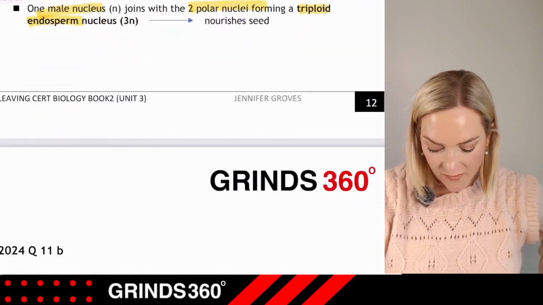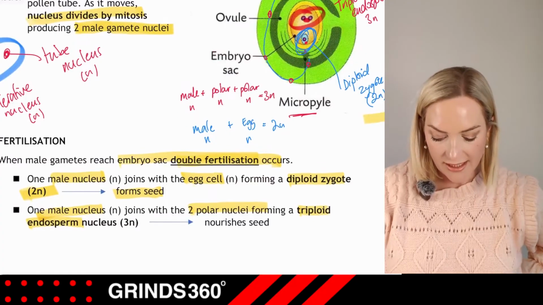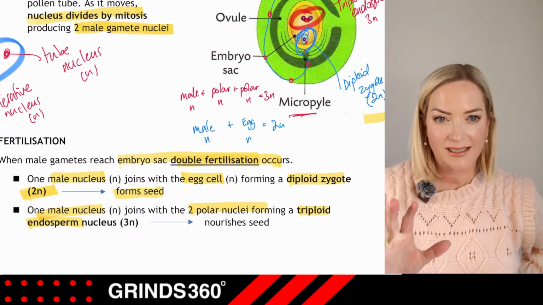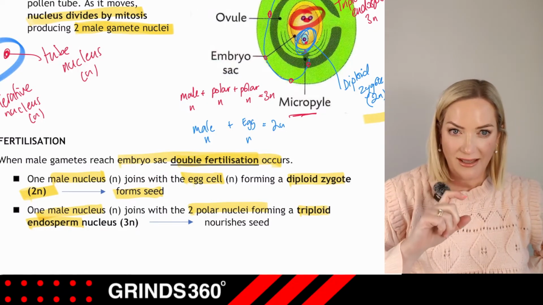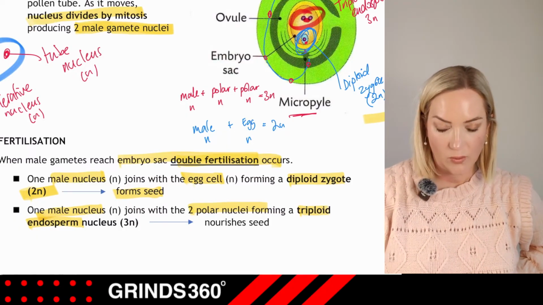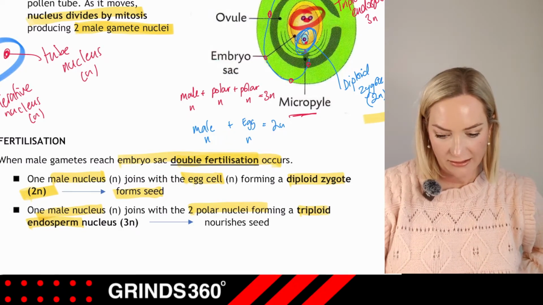So in 2024, it asked, describe what happens during both fertilizations. We wanted to see one male nucleus joins up. Now, did they accept sperm? They did, but there was a big debate about it, it's not really sperm. So one male nucleus or one male gamete joins up with the egg to become a diploid zygote.